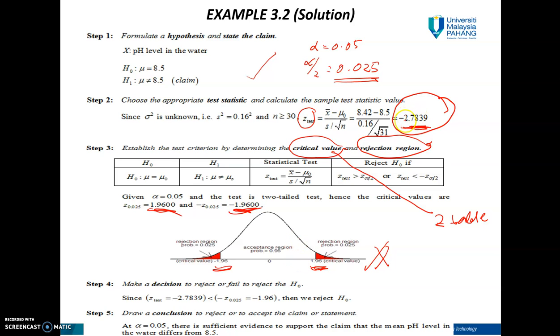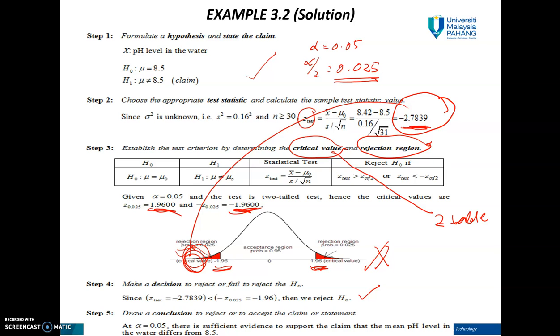It's at the left side, and this one is smaller than negative 1.96 here. Alright, so it's at the dark side. So when it's at the dark side, you will reject H0. This is how to write it. Since your Z test, negative 2.7839, is less than Z table, which is negative 1.96, then we reject H0. So that's the decision in step 4.